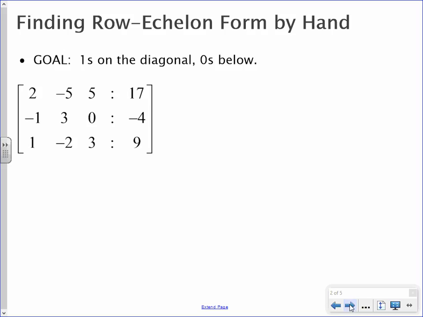So I have our system of equations already written into our augmented matrix. So go ahead and write this augmented matrix down.